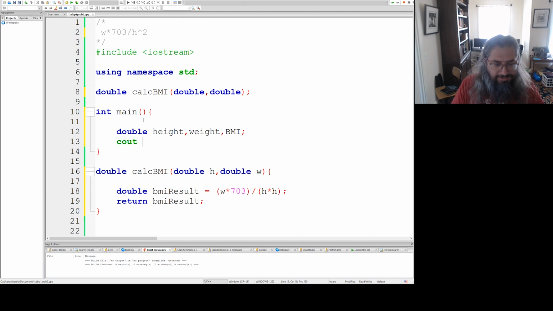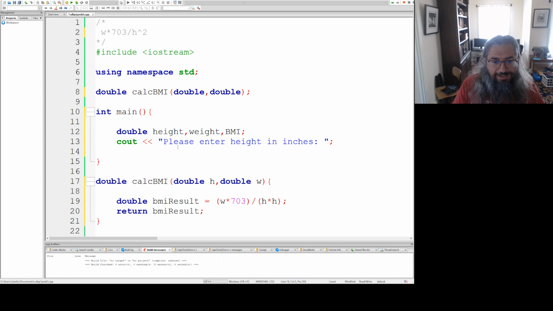So then I'm going to cout. I'm going to ask the person for the inputs, because remember that was part of our plan. And I'll say, please enter height in inches. It's really good. Even though we've read the problem and we know what we are supposed to be entering, in 2 weeks, we might not remember that we're entering the height in inches.